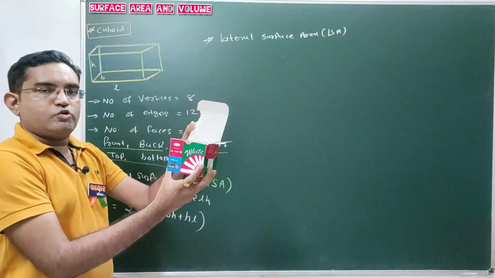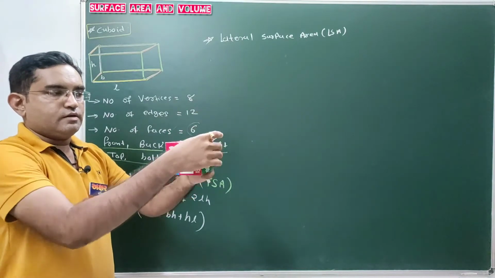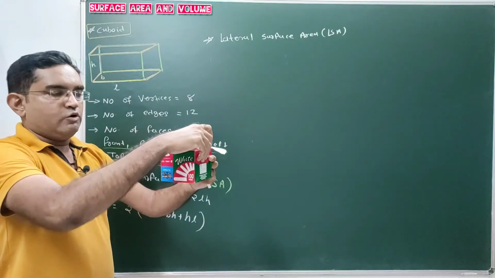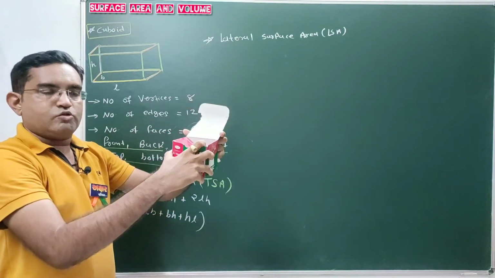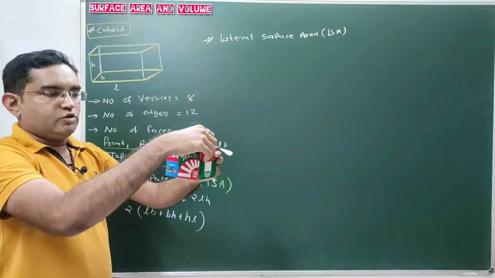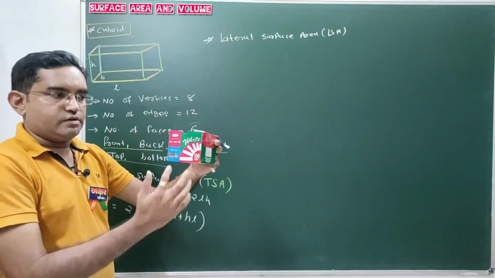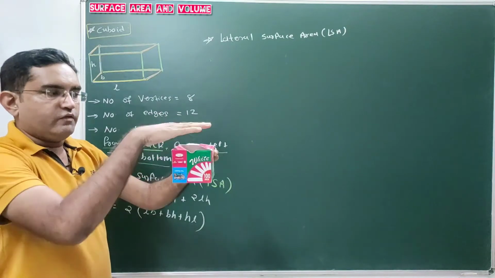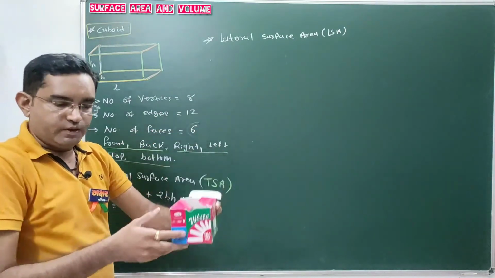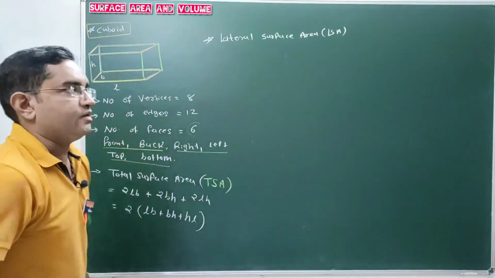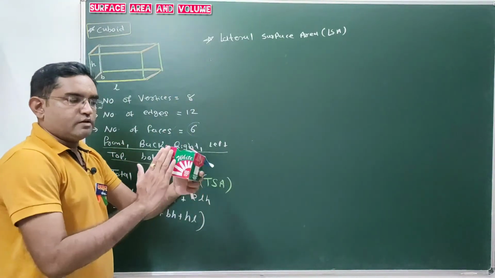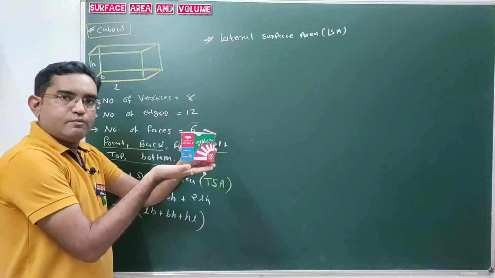If we remove this top, then this cuboid, which had a total of 6 surfaces, has only 5 surfaces: the surface area of the walls and the bottom. For lateral surface area, we have to consider only the surface area of the walls, and neglect the bottom also.